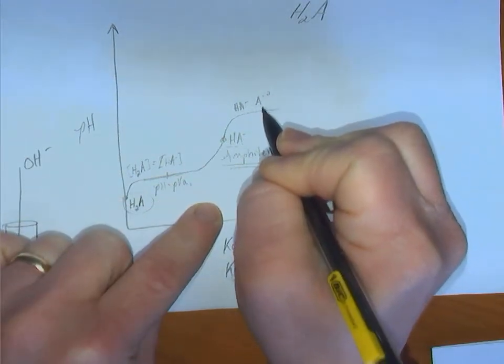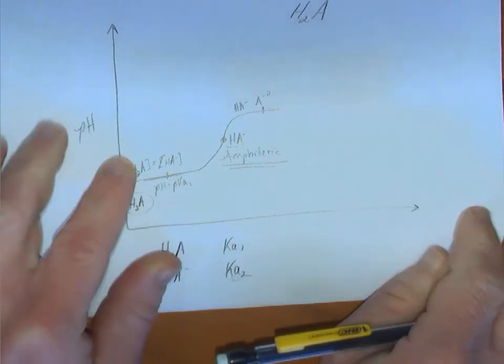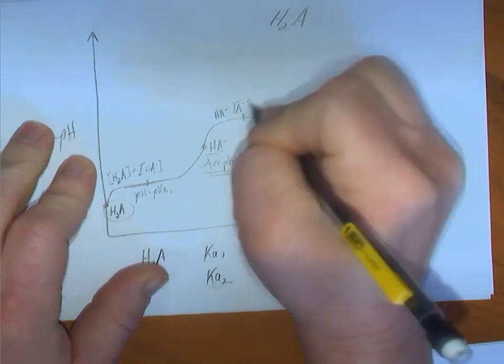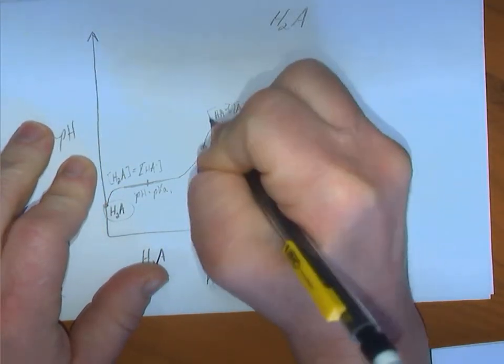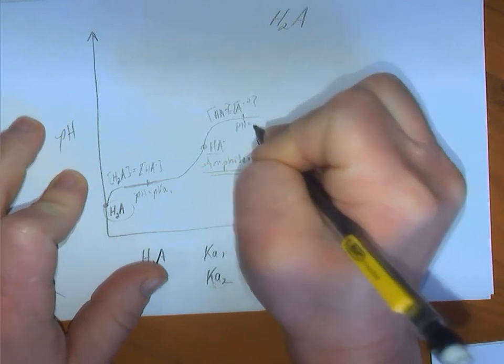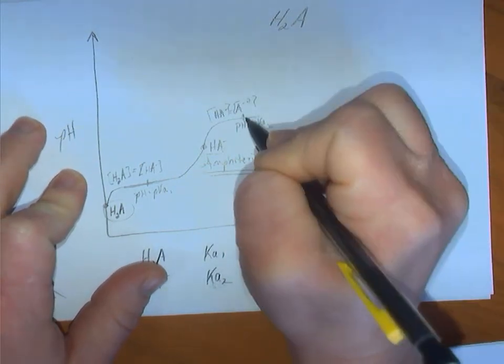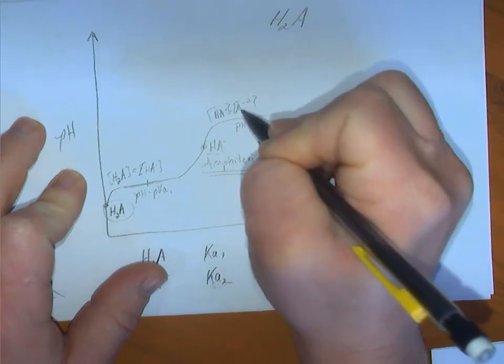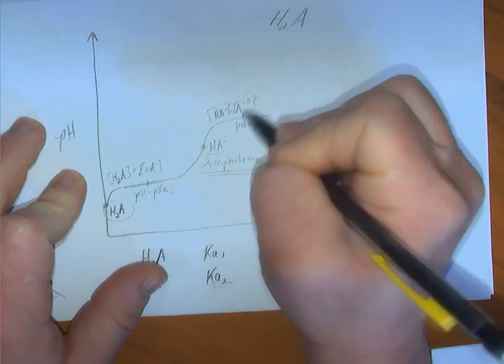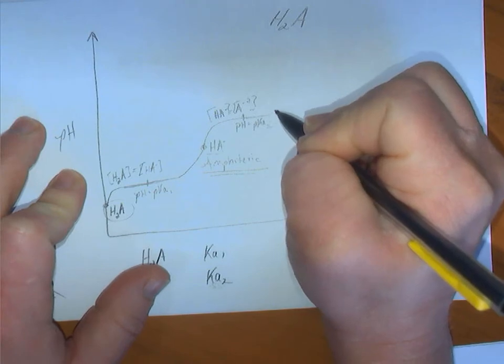Halfway to its equivalence point, we'll be able to apply the relationship of pH equaling the pKa2. Then as we go beyond that, we'll make more and more of the conjugate base and less and less of that acid.